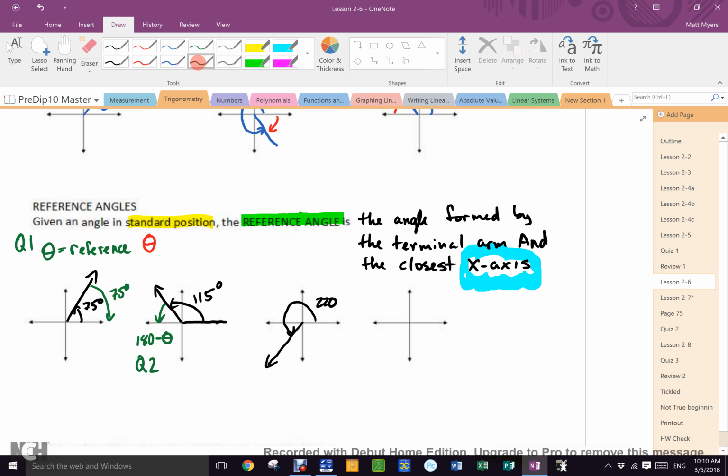This is the weird one. What's the closest x-axis? It's backwards. So it's not 180 minus theta, it's 270 plus... 360. 270 minus... 40. 360 minus... It can't be 180 plus theta, because theta is 220. It's 270 minus.